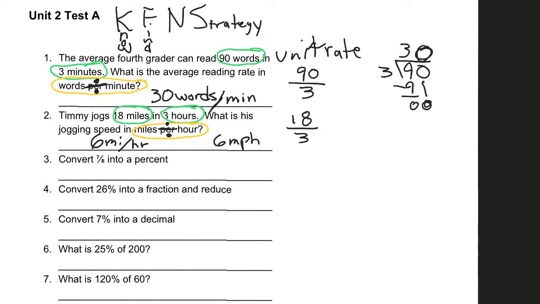Next question. Convert 7/8 into a percent. Okay. Well, the strategy is I'm going to go from fraction to decimal to percent. So to go from fraction to decimal, what do I do? I just divide.